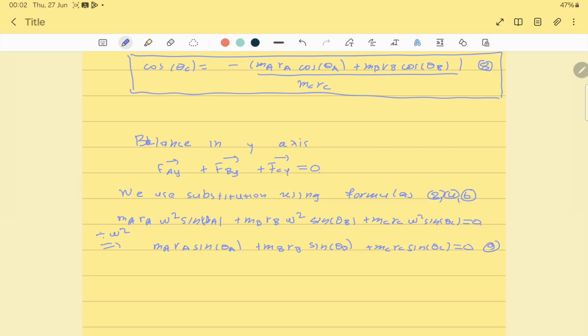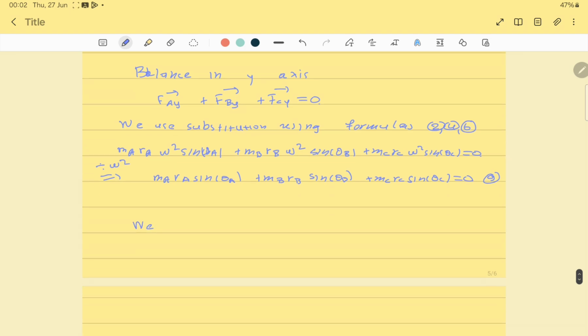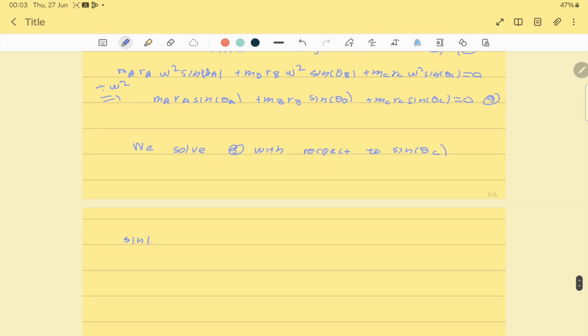We call this equation number 9, and we solve 9 with respect to sine theta C. From here we have sine theta C equals minus MA RA sine theta A, so these quantities are in brackets, plus MB RB sine theta B, divided by MC RC. This is number 10.